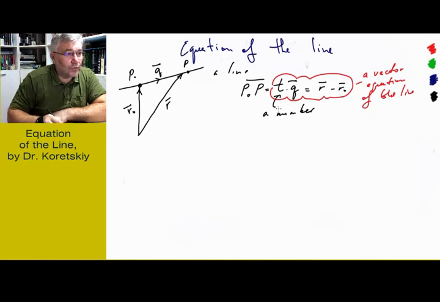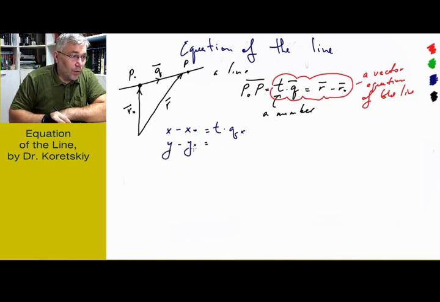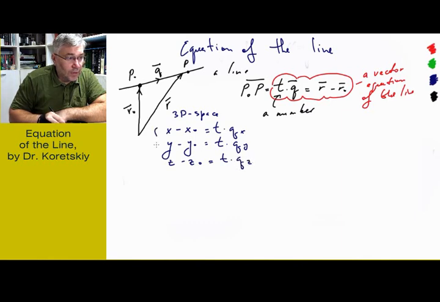At the same time, we can convert this vector equation into the components way to write it down. So what does it mean? It means that x minus x0 equals t times qx, the x component of the vector q. The same thing about y minus y0 equals t times qy. So it is for 3D space. And z minus z0 equals t times qz.